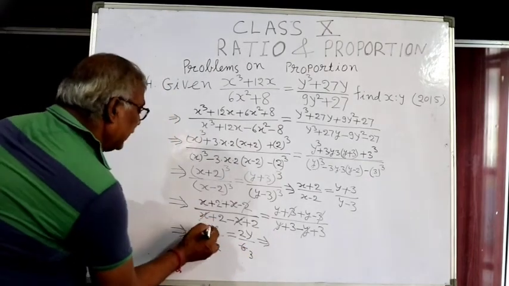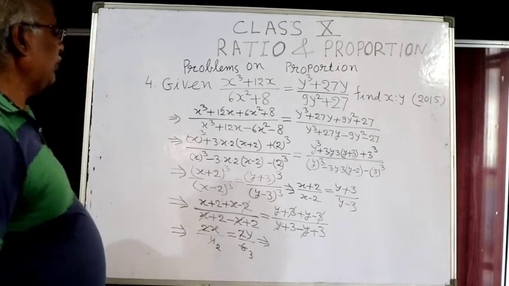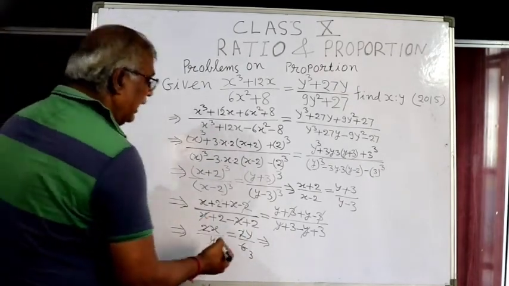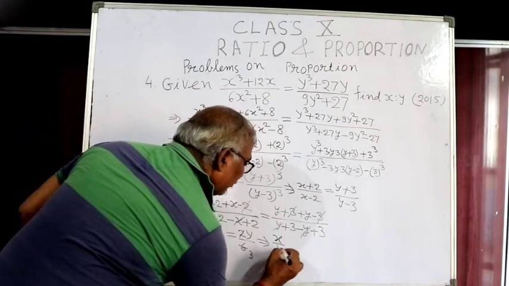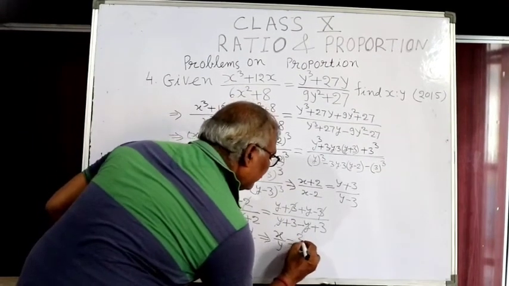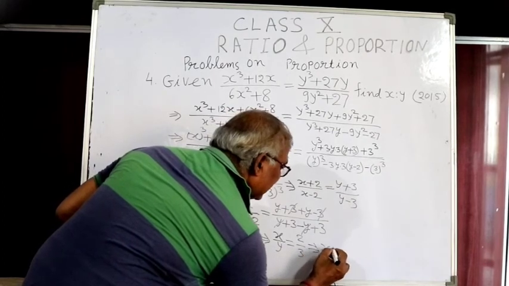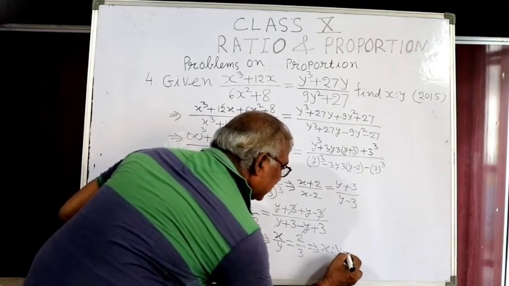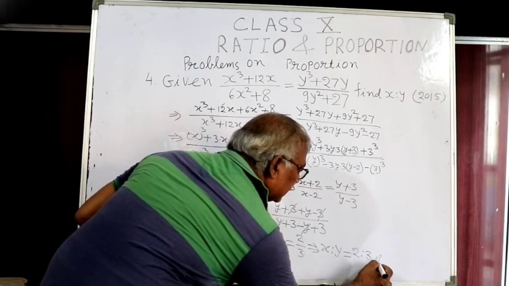Here 2 and 2 cancel. x upon 2 is equal to y upon 3. This implies that x upon y is equal to 2 upon 3. This implies that the ratio x to y is equal to 2 to 3. It is the answer.